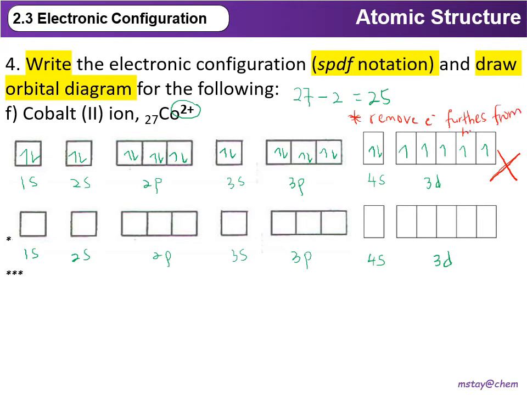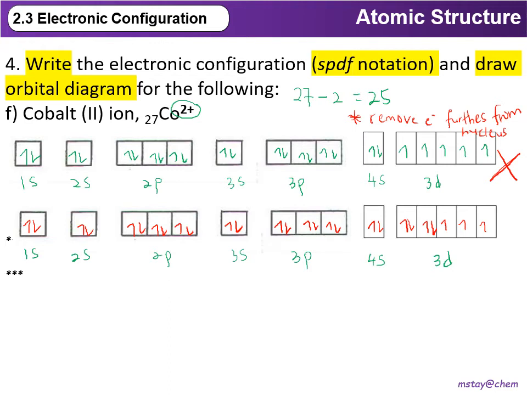from the nucleus. If you still remember in the previous slide, I filled in 27 electrons first, 1, 2, 3, up to 27.